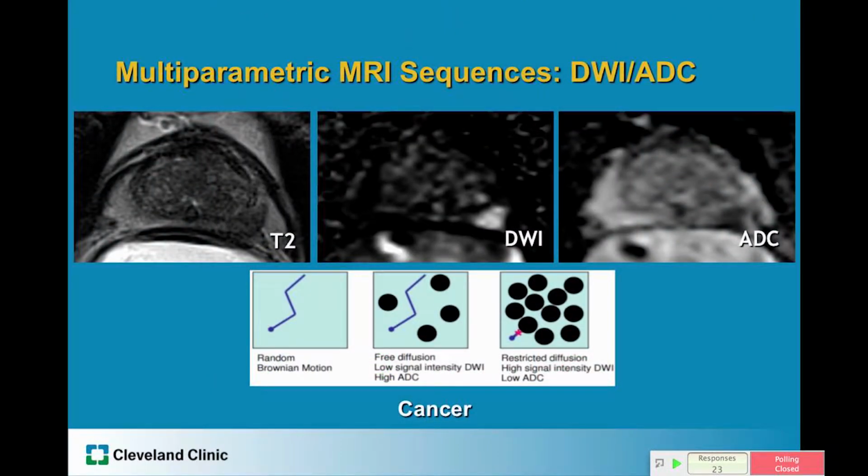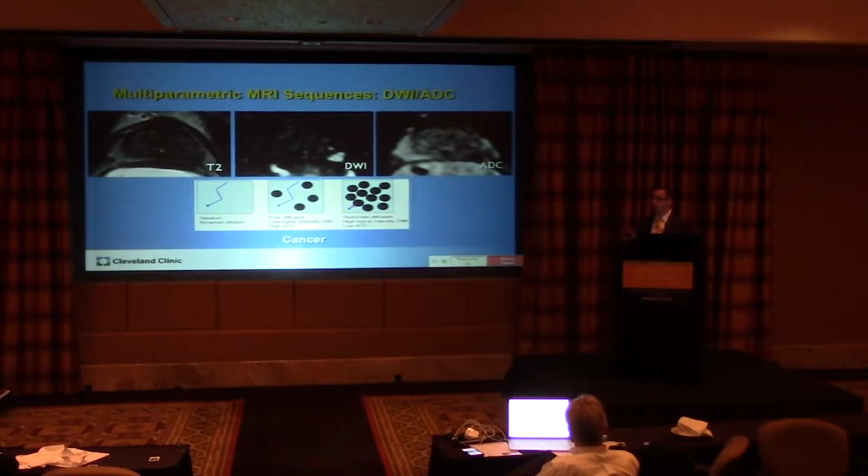So the way I like to think about it, and it's a simplistic way and probably not completely accurate, is how easy is it for water to diffuse through the tissues of the prostate. So when you have a benign prostate with benign glands or low-risk prostate cancer, cells and glands tend to be spaced out.